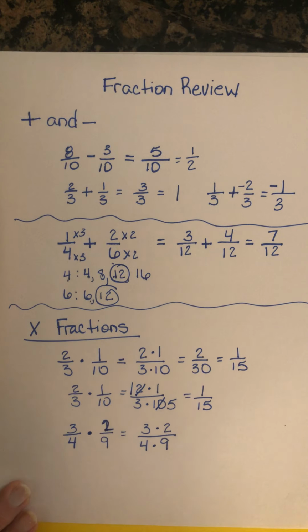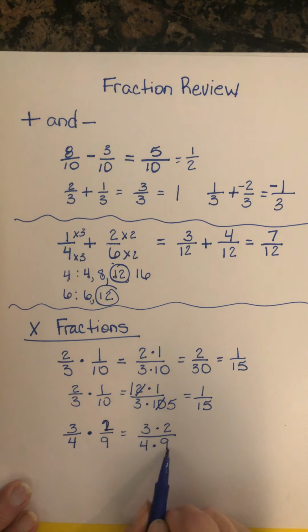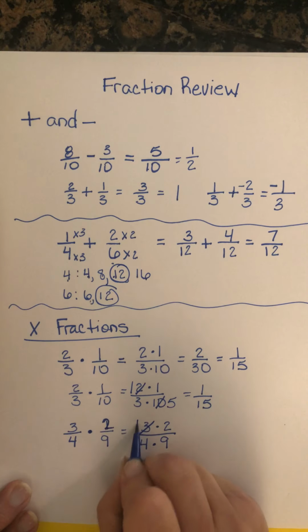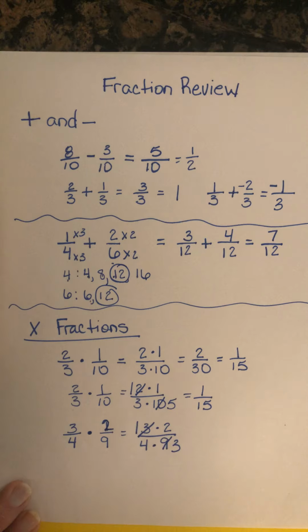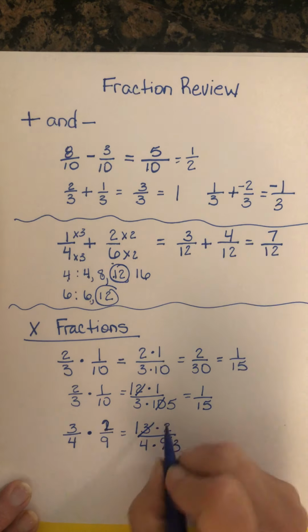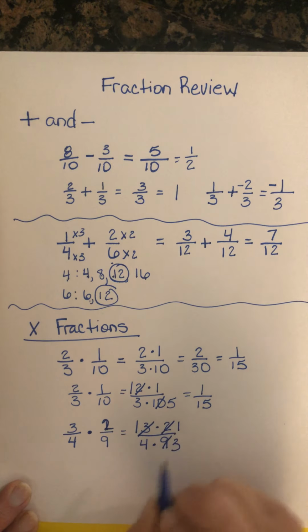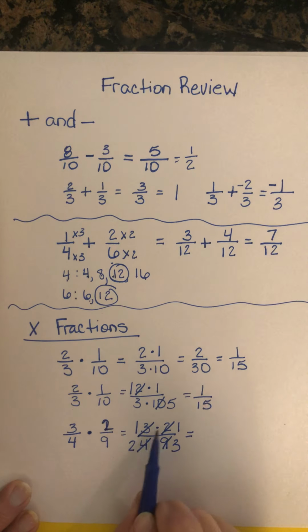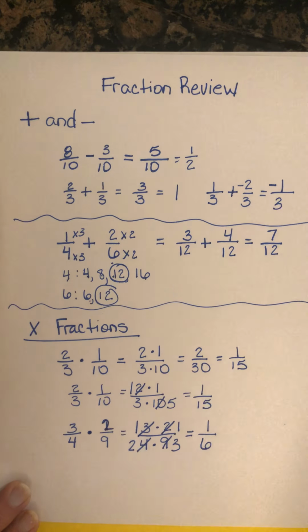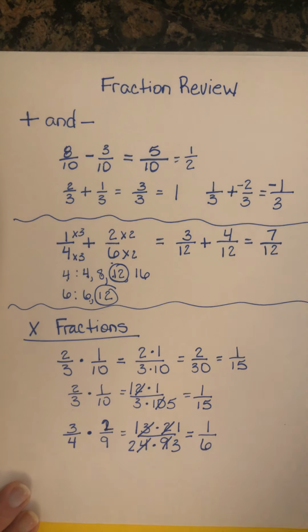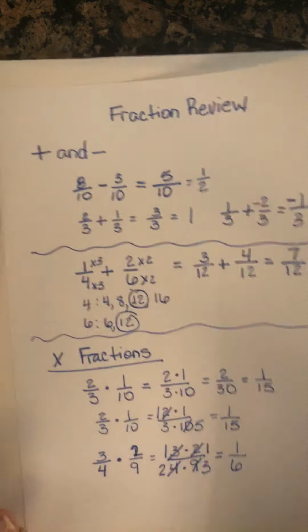I'm going to simplify first. Well, I know 3 and 9 can simplify. So 3 goes into 3 one time, 3 goes into 9 3 times. But look, I can also simplify the 2 and the 4. 2 goes into 2 one time, 2 goes into 4 2 times. So now I have 1 times 1 and 2 times 3. And you're done.